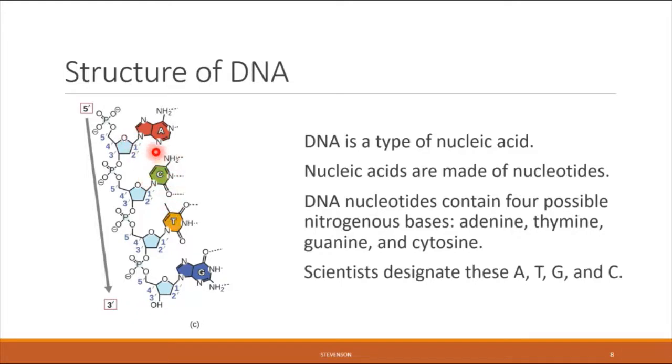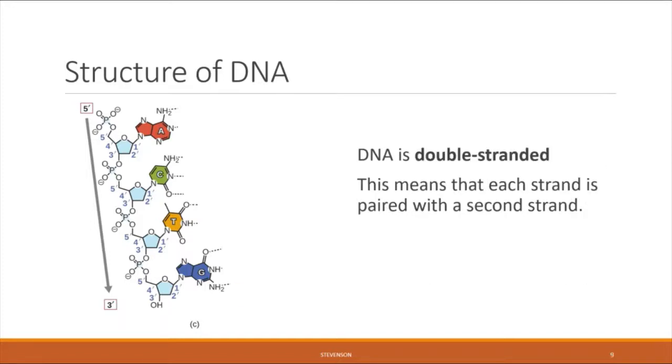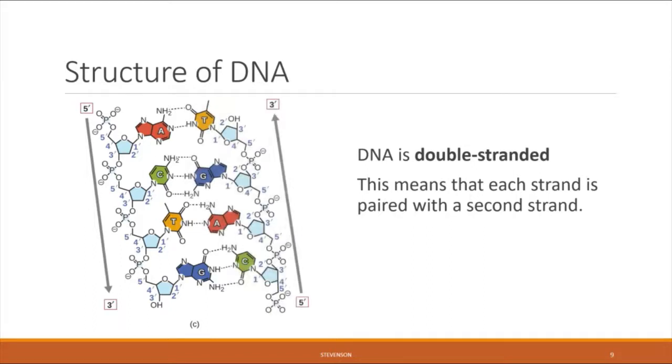We see adenine, cytosine, thymine, and guanine as the nitrogenous bases in these nucleotides. Now, the image of DNA that you see on the screen right now is of a single strand, but as we learned previously, DNA is inherently a double-stranded molecule when it exists in living organisms. And what that means is that each single strand is paired with a second strand known as its complementary strand.